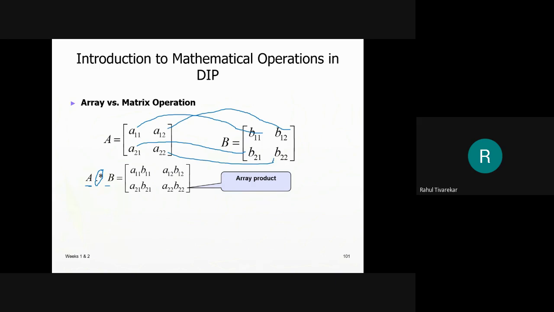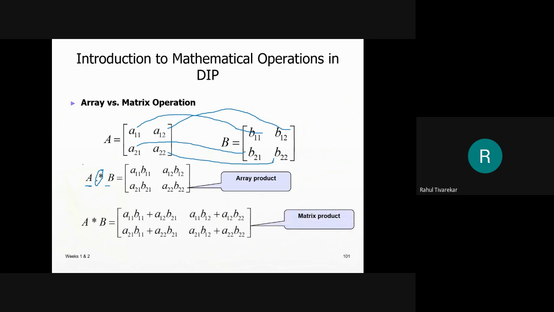And the simple matrix product, we all know how to do that. There we use the representation of only A star B, where matrix A and matrix B are multiplied. I hope you remember matrix multiplication. The first row is multiplied with the first column, which gives you this one element.